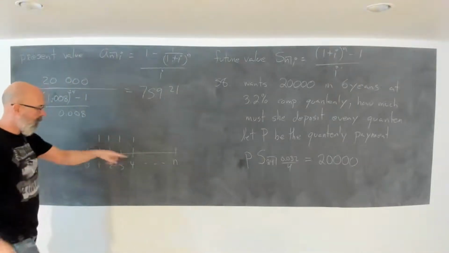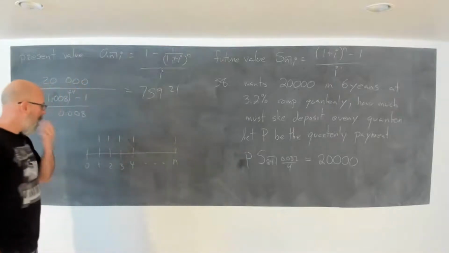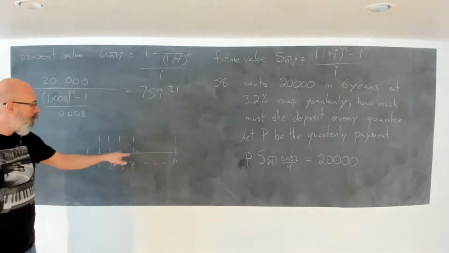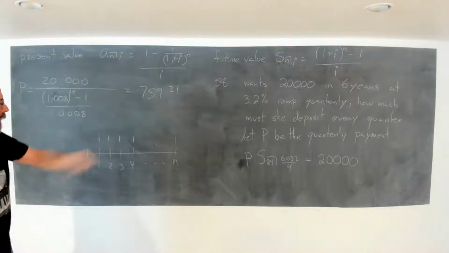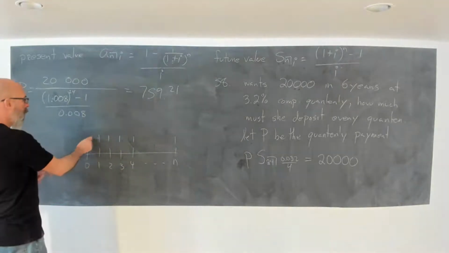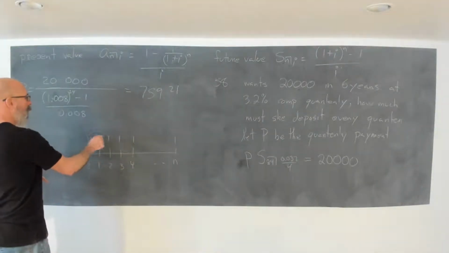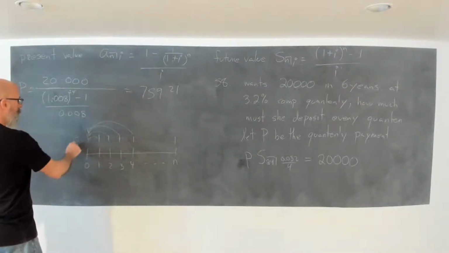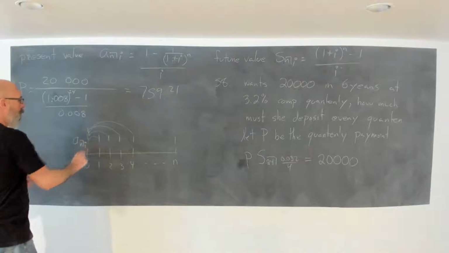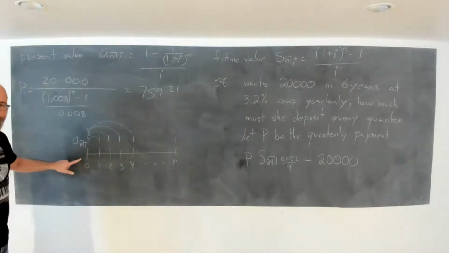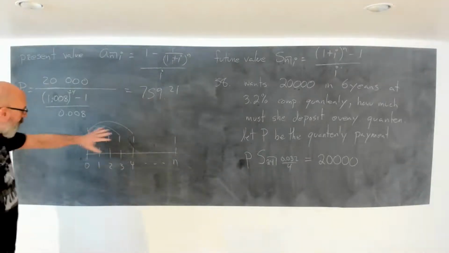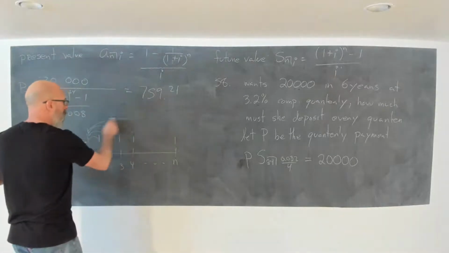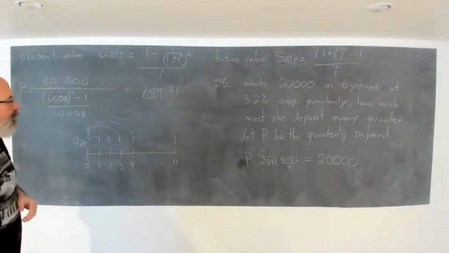You're making $1 payments at the end of each payment period for n payment periods. This is what these are worth. A_n is what these are worth at time 0. It's the present value of these future payments.